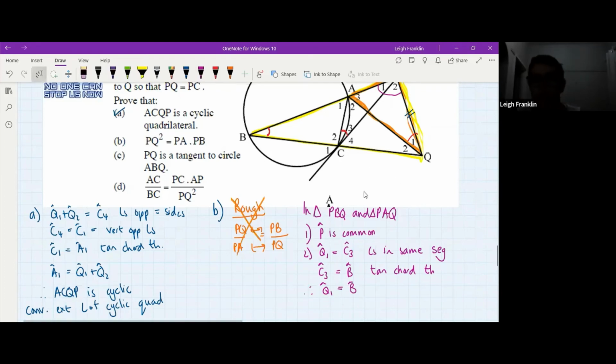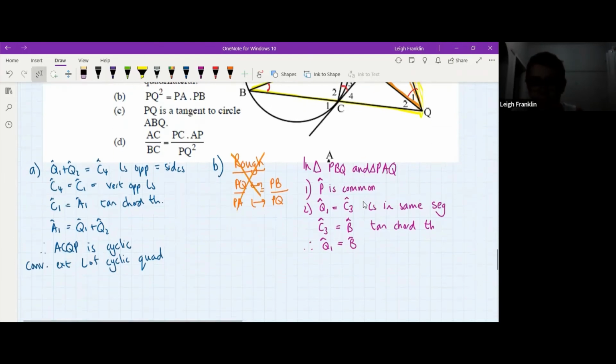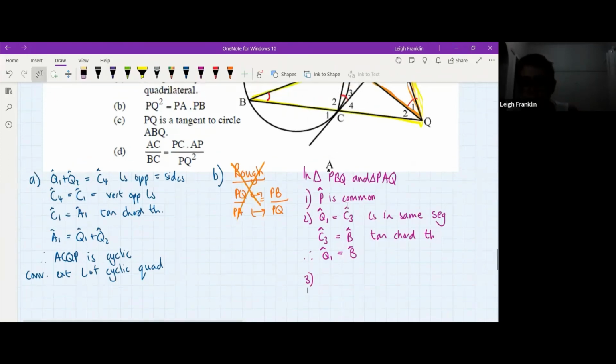So now we can do the remaining angles of the triangle, which means that angle A3 is common.